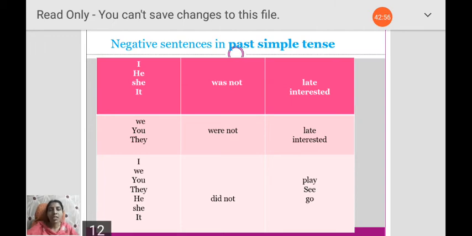This is the easy trick to remember. What is the easy trick? When there is a main verb in the sentence, to make it negative, we use did not. If there is no main verb, we use was not or were not. This is the simple trick.